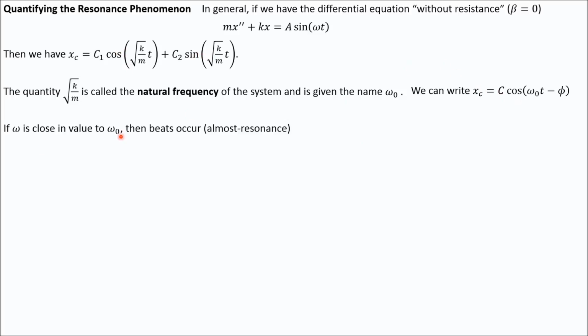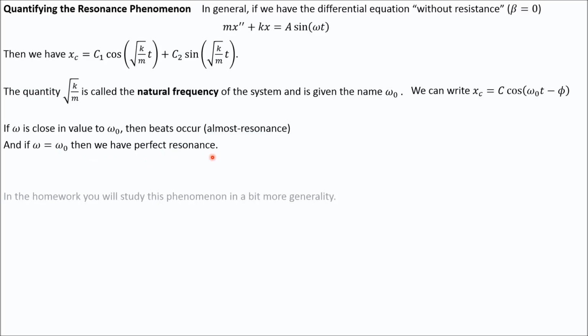But then we also need to consider the particular solutions of this problem by solving the inhomogeneous equation. If omega is close to the natural frequency omega naught, then beats occur, and if omega equals omega naught, then we have perfect resonance.